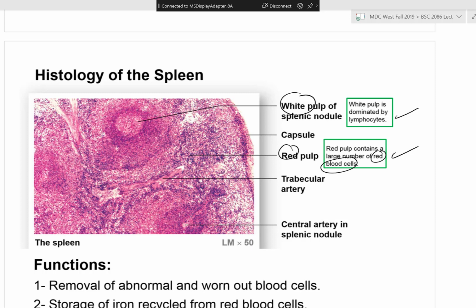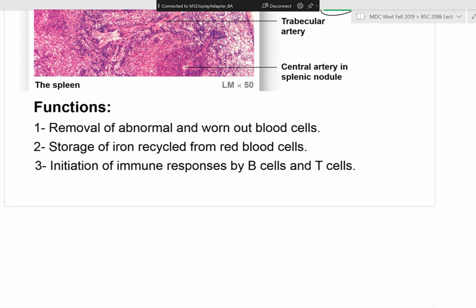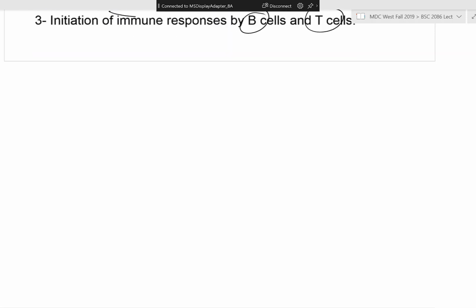There's another place that they can hang, right? But they're able to be created from there too as well. Okay? But it's not a normal condition. So removal of abnormal and worn out red blood cells, storage of iron, and of course red blood cells, and initiation of immune response for both B and T cells. All right, so it's another way of having them around the body.